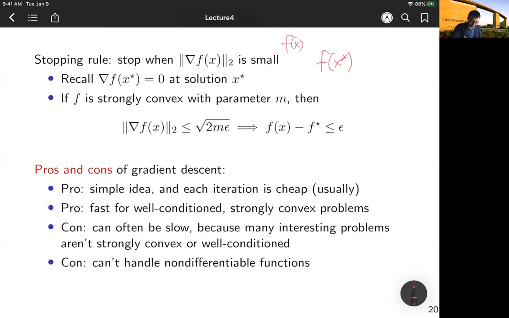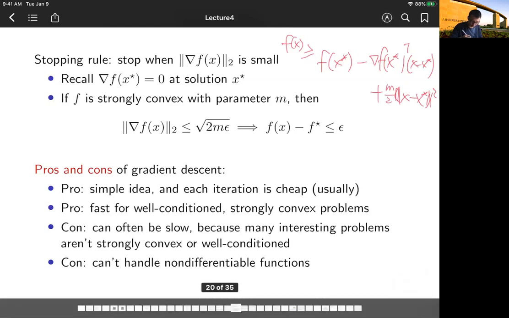f of x for any x is larger than... I see.